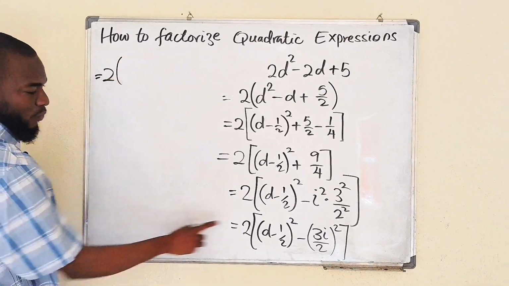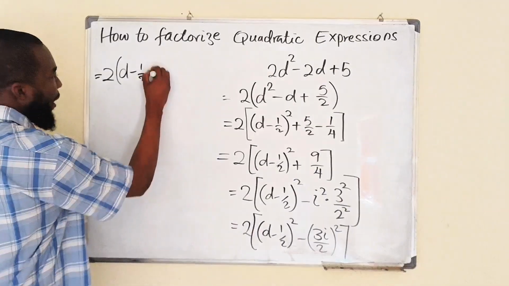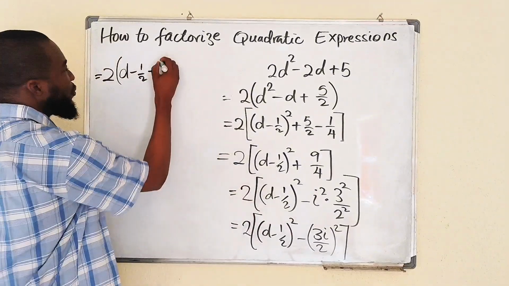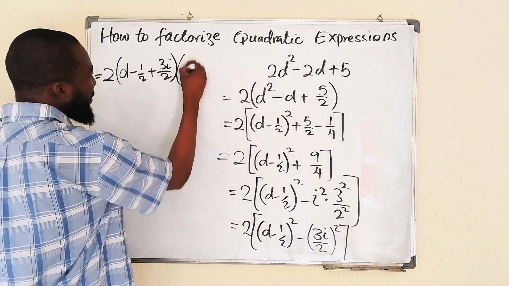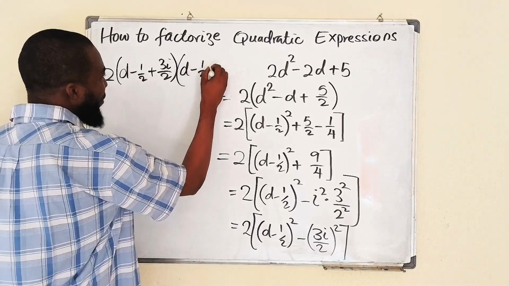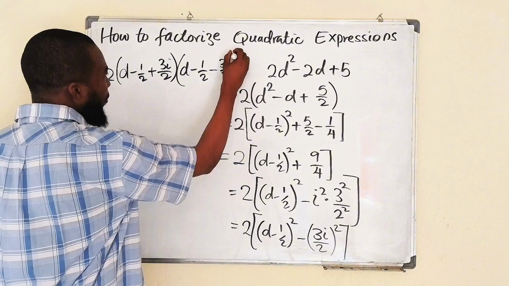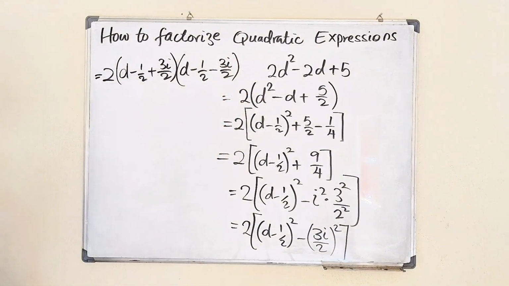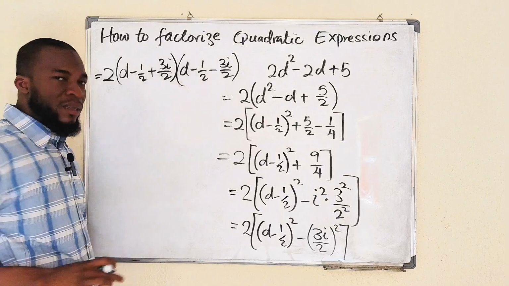But this time around, we take d minus 1/2 plus 3i/2, then multiply by d minus 1/2 again. Then this time around, you subtract 3i/2.